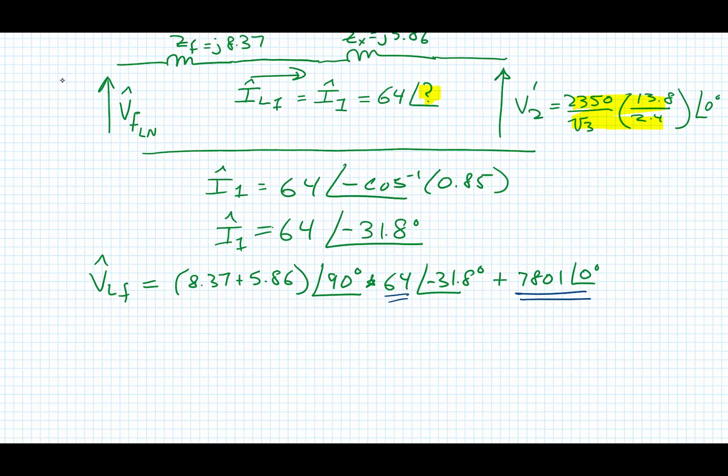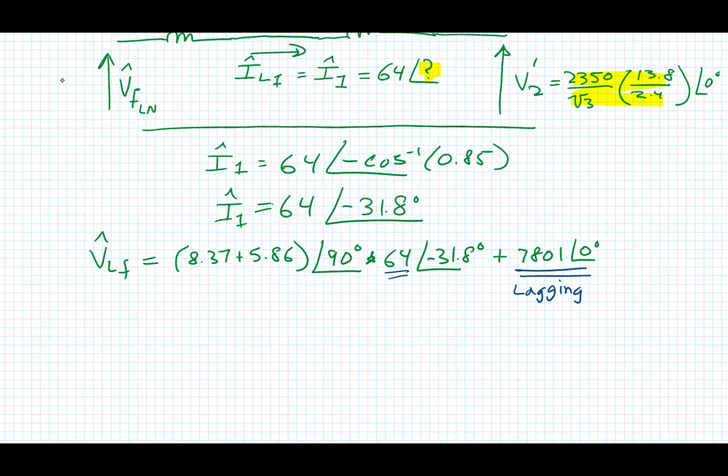So we have, now this is assuming, of course, a lagging power factor. You recall that this voltage could be higher if it was a leading power factor. But we know that we're just going to have a big voltage drop in this system from the feeder. We're going to find out what the feeder voltage is now.